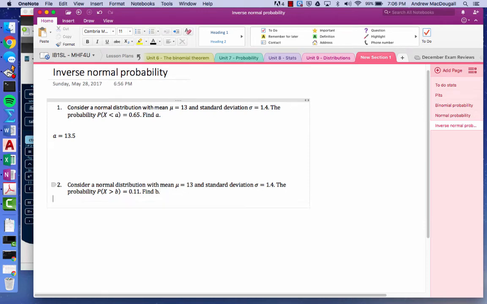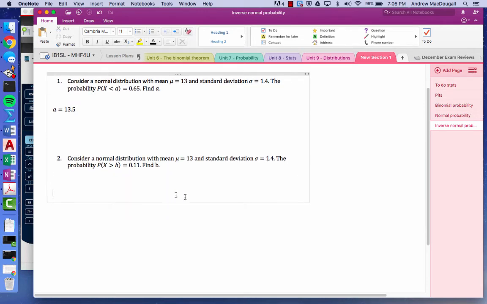And finally, let's look at a very similar problem. Here, we consider a normal distribution. Again, same normal distribution. The average is 13. The standard deviation is 1.4. And now the question tells us the probability that X is greater than some b value is 0.11. This is a very, very similar problem to problem 1.